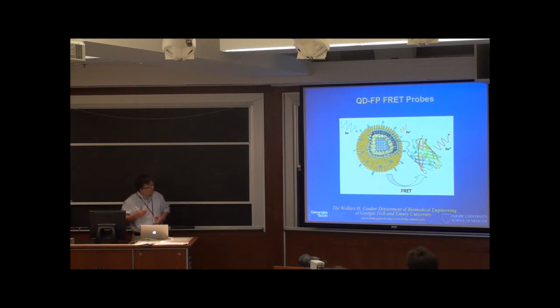So let me quickly go through another probe in addition to beacons. One thing we have done recently was to combine fluorescent proteins, which are multicolor, with quantum dots, which are also multicolor, as I showed you. So what we did was to conjugate multiple fluorescent proteins to a single quantum dot through a linker.